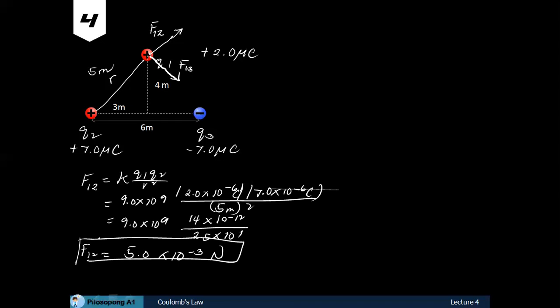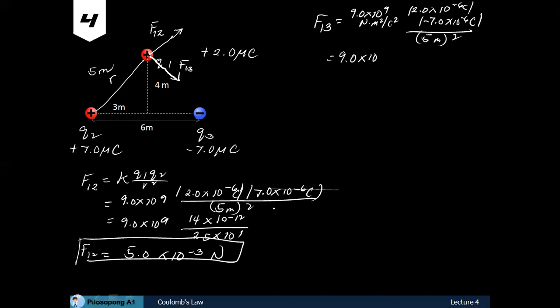Let's now have F13. You have 9.0 times 10 raised to 9 newton meter squared per coulomb squared times Q1 and Q3, that's 2.0 times 10 raised to negative 6 coulomb times negative 7.0 times 10 raised to negative 6 coulomb, all over the distance between them, which is the same as the distance of Q1 and Q2, which is 5 meters.